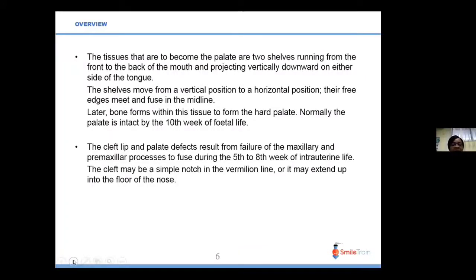Normally, the palate is intact by the 10th week of fetal life. The cleft lip and palate defects result from failure of the maxillary and premaxillary processes to fuse before the 5th to the 8th week of intrauterine life. The cleft may be a simple notch in the vermilion line, and it may extend up into the floor of the nose.